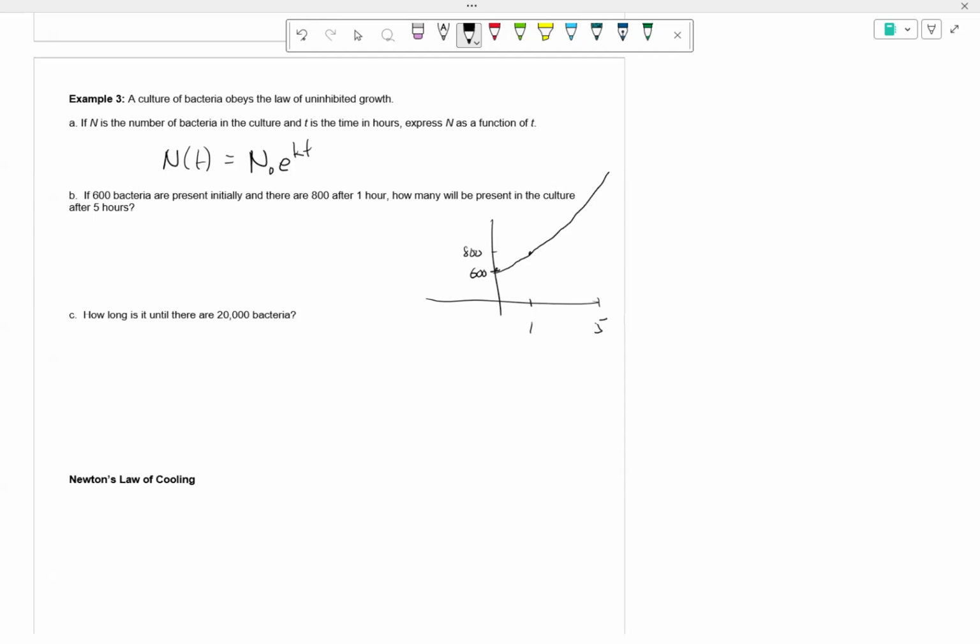Did you get something? No, this is probably two. Just hang on. It's just N of 5.